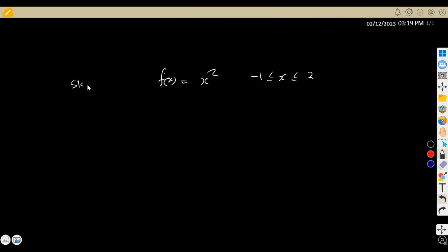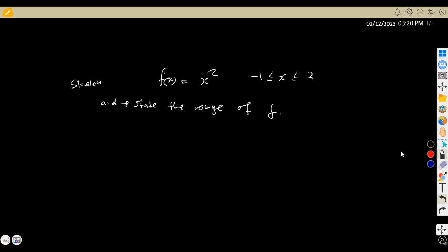So what we need is to sketch the graph, and after sketching, we need to state the range. Sorry for that. State the range of the function f of x, which is the range of f. So from -1 up to 2, you are limited for the values of x, they are not supposed to be out of this region.